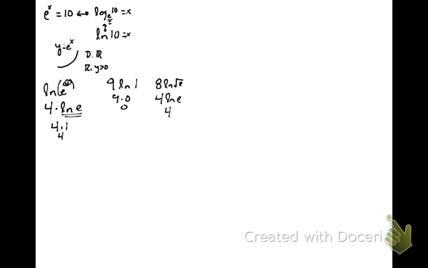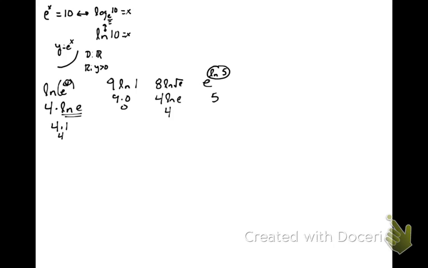Finally, in line with these, e to the natural log of 5. Well, this is just 5, and there's a few different ways to think about it. The way I think about it is this expression, natural log of 5, is an expression for an exponent.